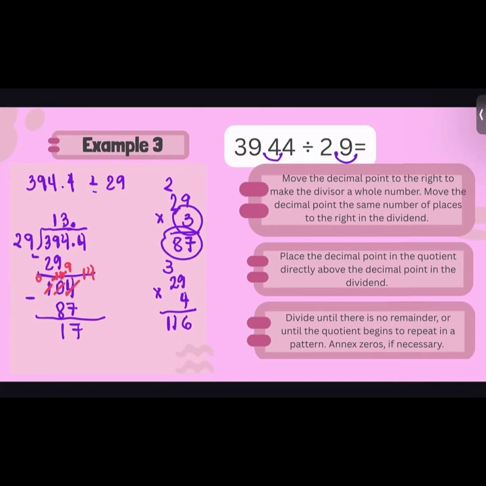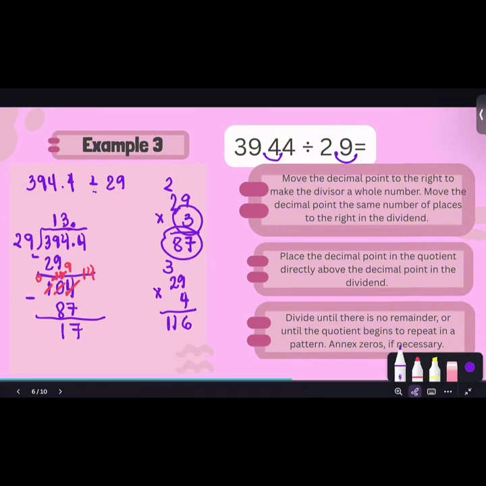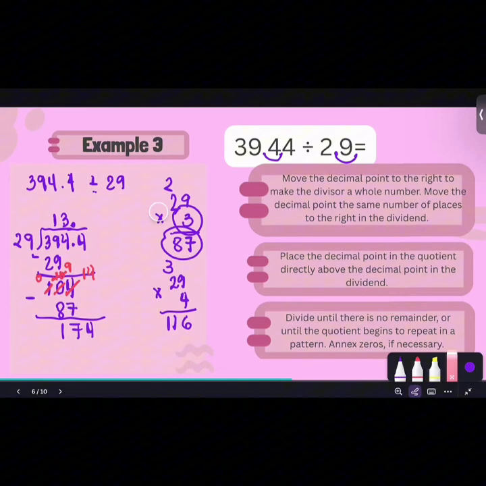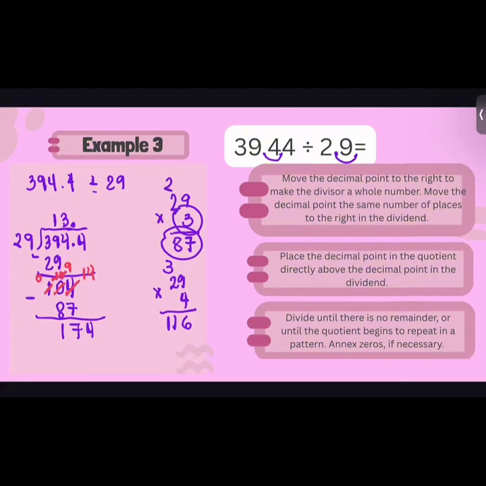Okay, now let's proceed with the next one. 17 divided by 29 cannot be. Therefore, we are going to bring down the next digit which is 4. Now, we are going to look saan po natin pwedeng i-multiply si 29. Since 174 at si 4 ay only 116, now let's try to use a higher number.